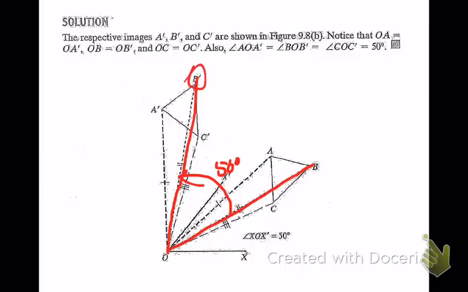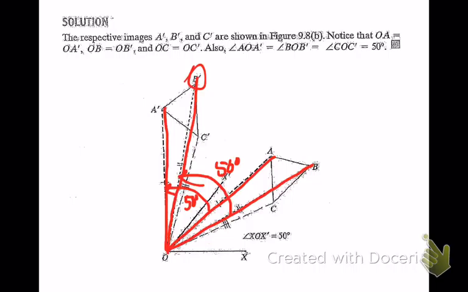We've already done C. To do the same thing for A, you go from the line OA. You rotate 50 degrees. And then you measure OA, and then you go to your new line that you just found, and you duplicate OA prime.